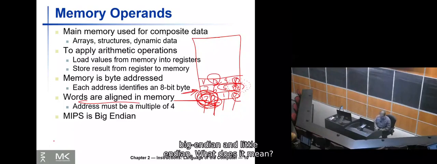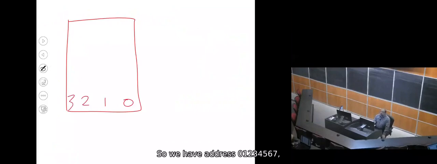What does it mean? We talked about byte addressability, and I told you that if you have a memory organized in 4 bytes, so we have addresses 0, 1, 2, 3, then 4, 5, 6, 7, and so on. Now I want to store a value in location 0. I told you that you could load or store a word at aligned addresses.